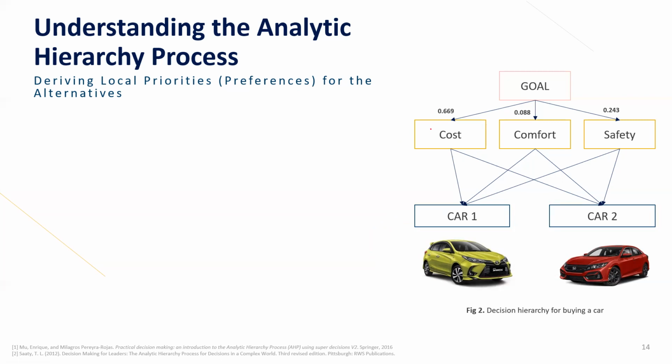For example, for the criterion cost, you will compare car1 and car2. What will be the value of this one according to the cost? And then for comfort, you will compare car1 and car2, and put the priority here. For safety, you also do the same thing, car1 and car2. This is called deriving the local preference because it's local to the cost, comfort, and safety.